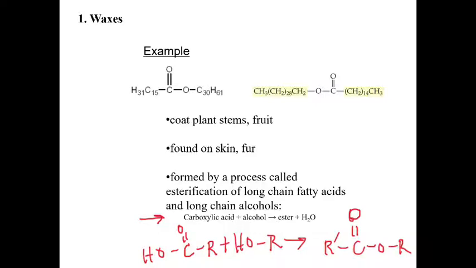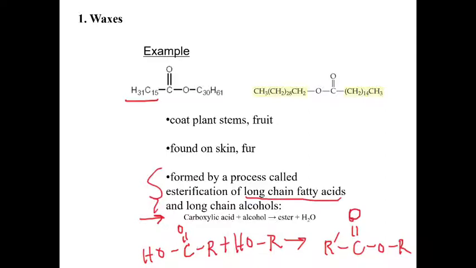So we can see up here, as an example of a wax, notice a couple of things. On this molecule on the left, notice that it has 15 carbons hanging off of that carbonyl carbon. So that's a long carbon chain, right? And you can see down here that these are formed using long chain fatty acids.